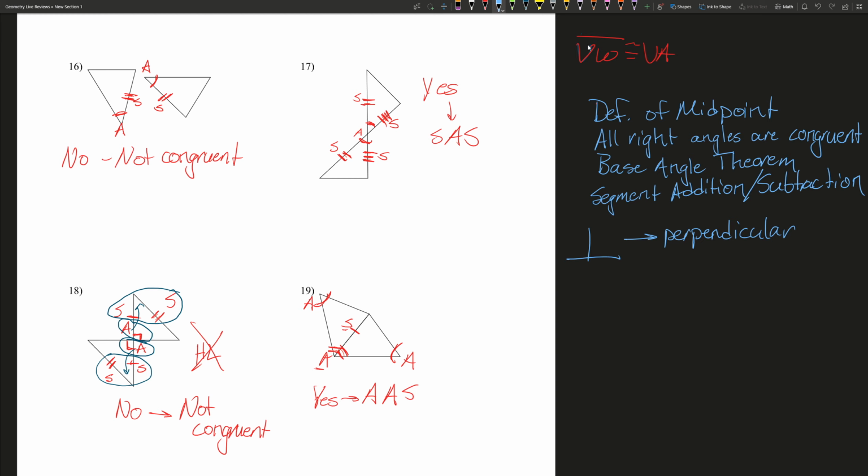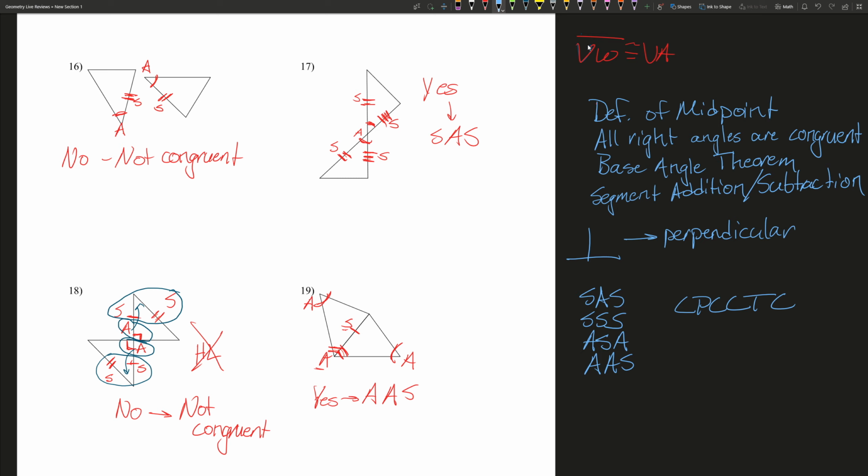And then, of course, you need to know, and the reason I gave you these proofs is because of SAS, SSS, ASA, and AAS, as well as CPCTC. So corresponding parts of congruent triangles are congruent.